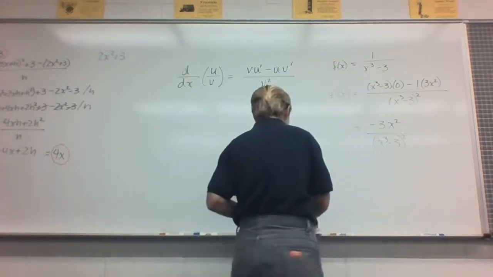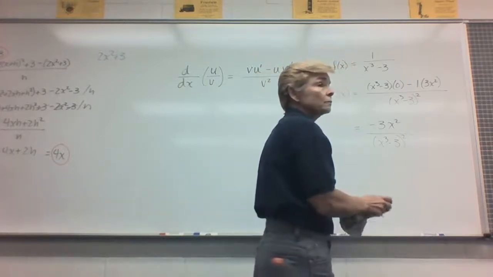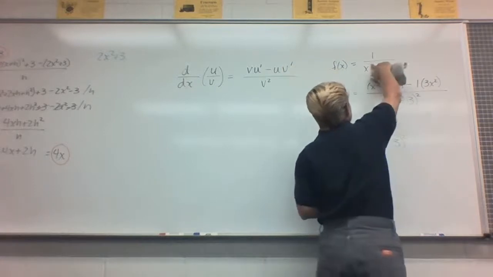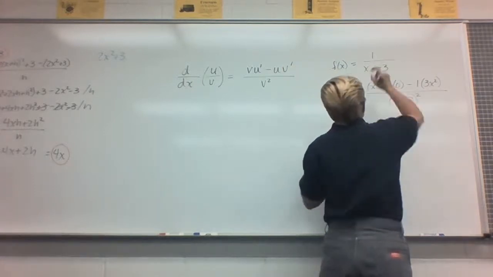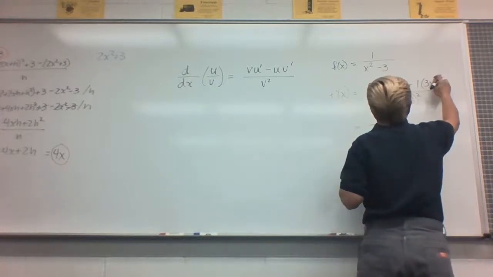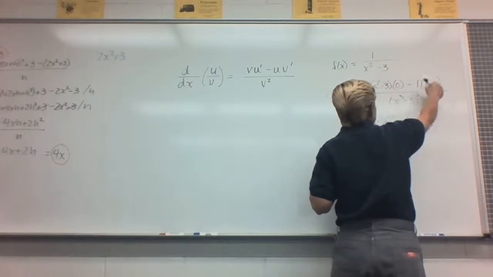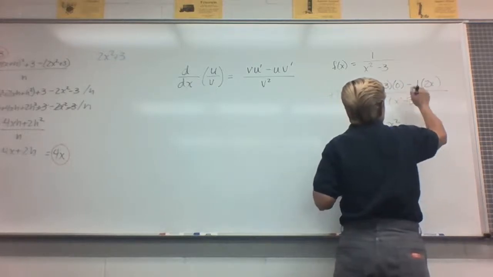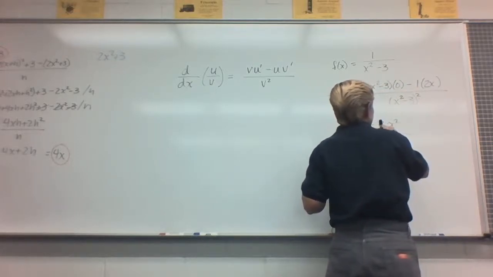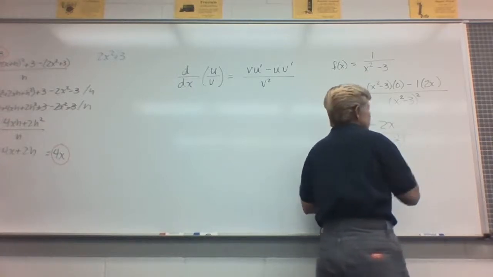Now let's do it the way I intended, using the quotient rule on this one. The derivative of the bottom will just be 2x, which gives us negative 2x over x squared minus 3, squared.